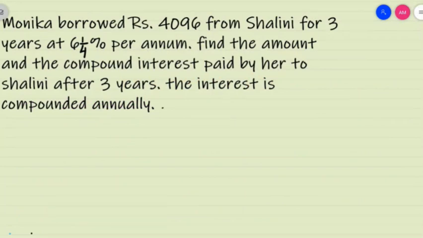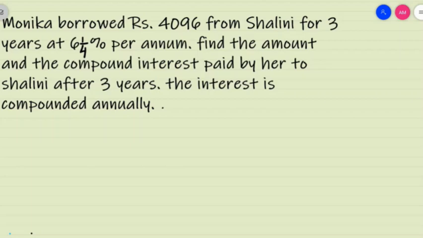Question number 5. Monica borrowed rupees 4,096 from Shalini for 3 years at 6 1/4% per annum. Find the amount and the compound interest paid by her to Shalini after 3 years. The interest is compounded annually. Look here children, it is the same as we have done in the previous questions.